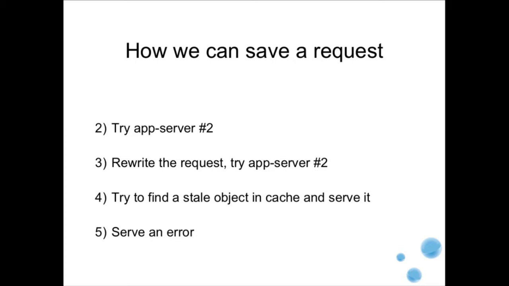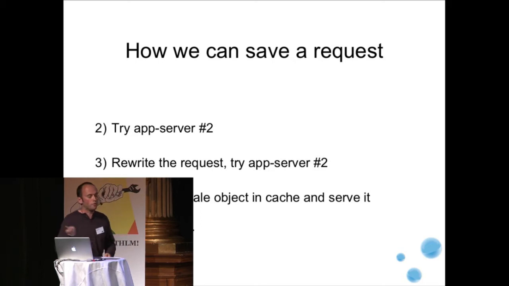I mean, if you have a client asking for the front page of Aftonbladet again, and they're asking some application server, and that server fails. So in Varnish, you could implement a policy where, okay, that failed, so we try another app server. And maybe that fails as well. Maybe there's something wrong with the database or something.